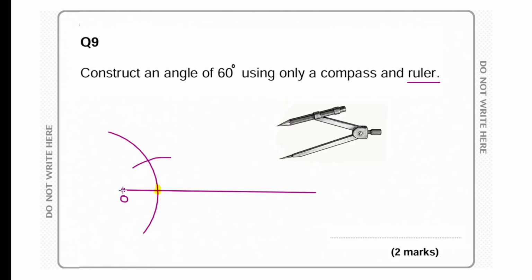Now, if you join this starting point and where these two arcs intersect, like that, the angle you get here would be exactly 60 degrees.